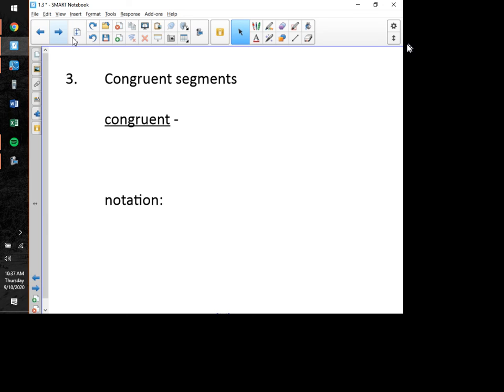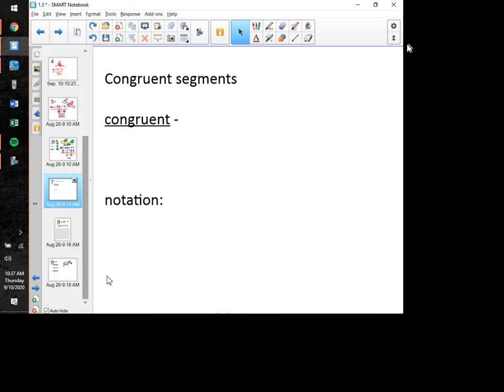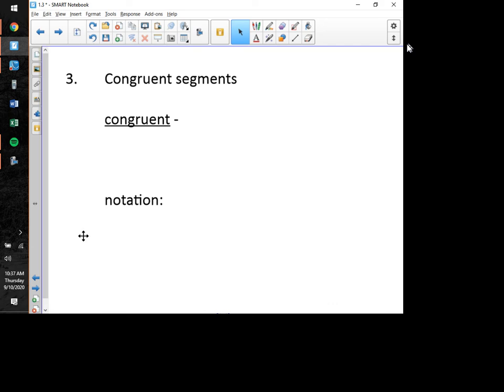All right, we now start talking about a word, everybody, that gets used a lot in geometry, and I'm not sure how much you've seen it in the past. That word is congruent. When we talk about congruent segments, that applies specifically to this setting.